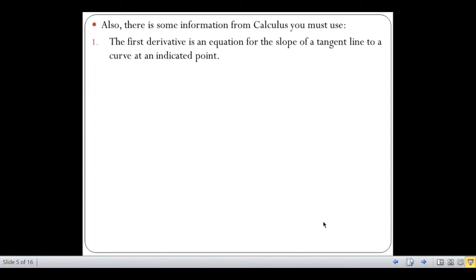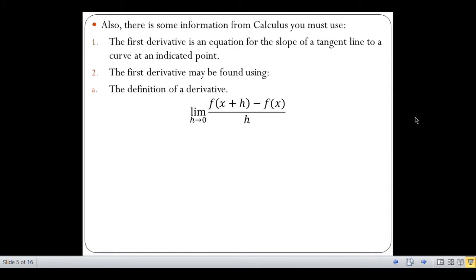Okay, so also there is some information from calculus you must use. So ito po class yung kailangan nyo lang tatandaan. And anyways, yung derivative, mamaya ituturo ko naman to sa inyo kung ano ba yung ibig sabihin ng derivative. The first derivative is an equation for the slope of a tangent line to a curve at an indicated point. Okay, so number 2, the first derivative may be found using, okay, so ito class, tandaan nyo po ito palaging formula kasi gagamitin natin ito sa following examples later.